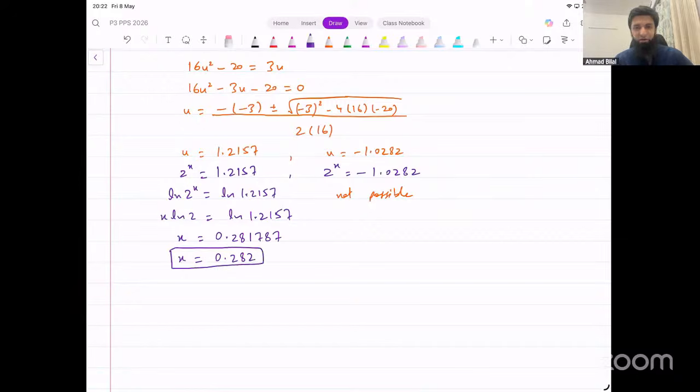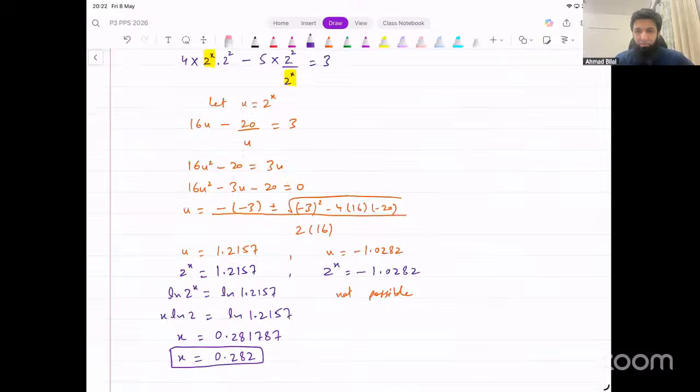Is my screen frozen for everyone? It is lagging. Screen is lagging a lot. It might be the server that I'm using, maybe. Let me check that.